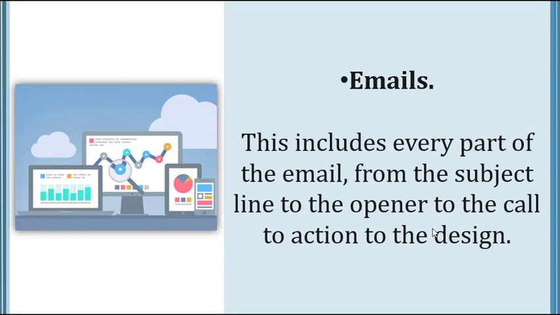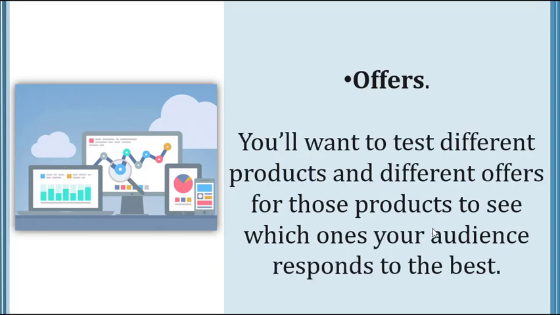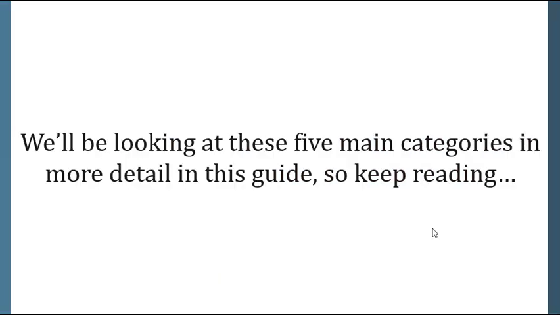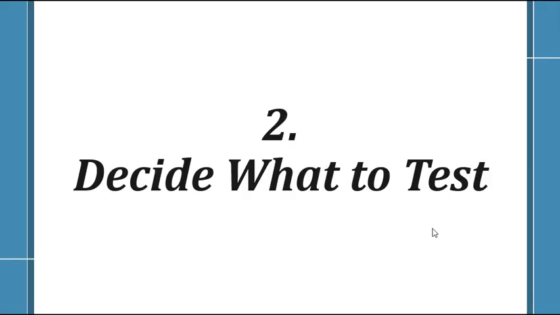This includes every part of the email from the subject line to the opener to the call to action to the design. Offers. You'll want to test different products and different offers for those products to see which ones your audience responds to the best. We'll be looking at these 5 main categories in more detail in this guide, so let's keep going.